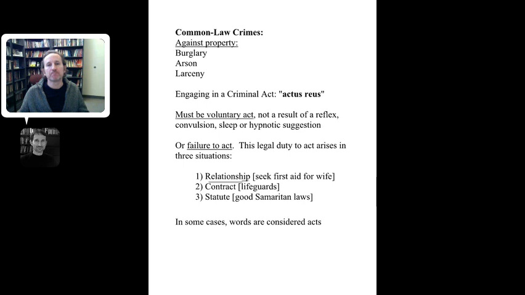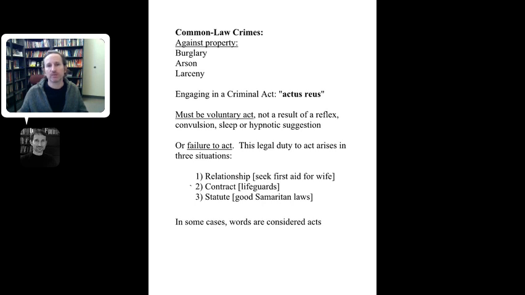If you're a husband and your wife is in grave danger, you have to come to her aid if she's, for example, sick or dying. If you are a parent, you are obligated by law to care for your child. Otherwise, you might be charged with child abuse or child neglect. So, a certain relationship.